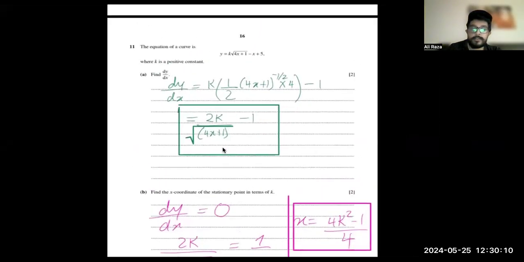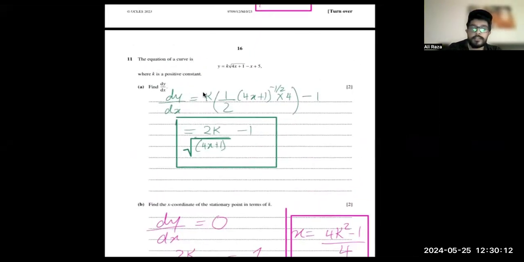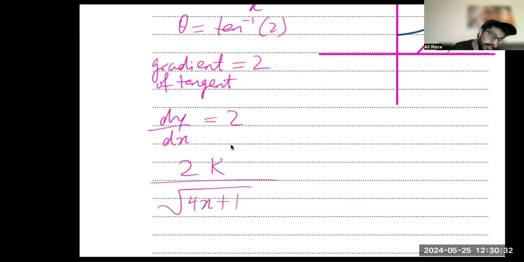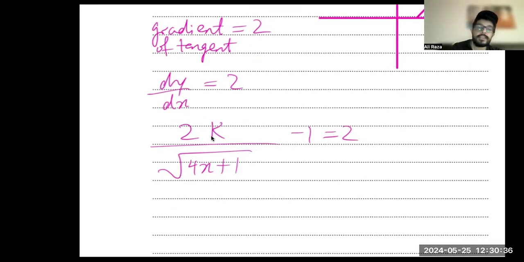Now the equation for the dy dx of the curve is 2k upon under root 4x plus 1, minus 1. So 2k upon root 4x plus 1 minus 1 is equal to 2. We have k as 10.5.